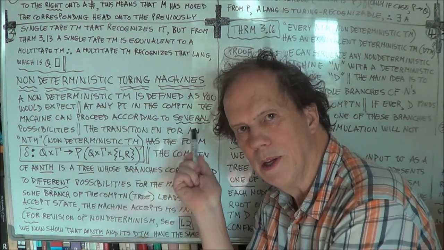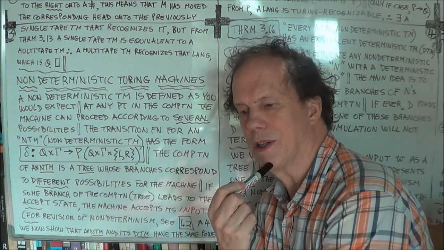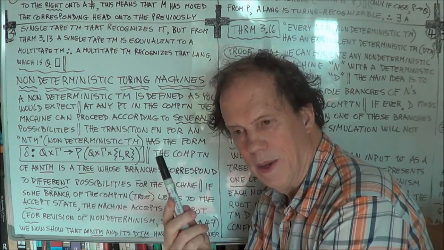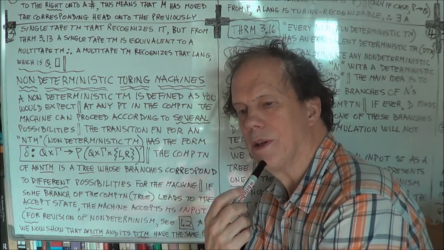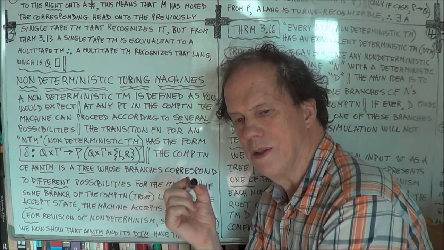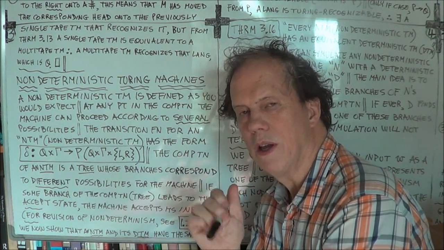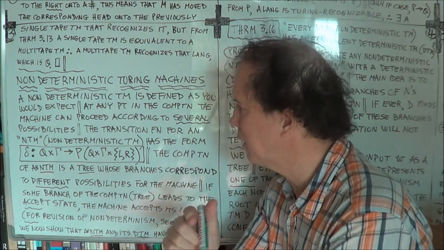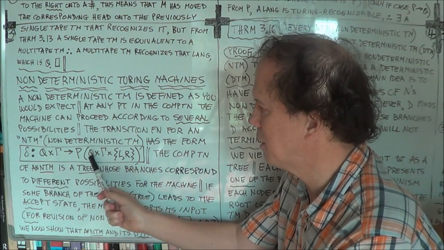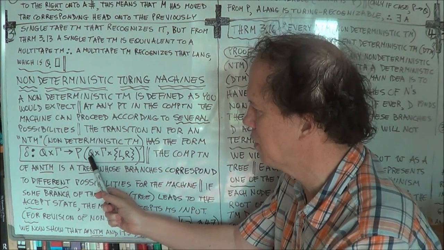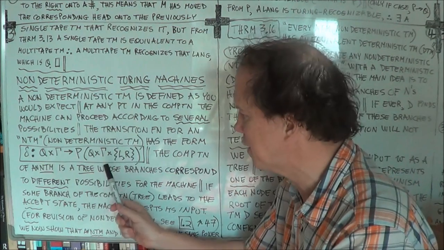Well, you have something similar with a non-deterministic Turing machine, but this time the non-determinism is not restricted to only more than one state. Okay. In fact, you could have more than one state.